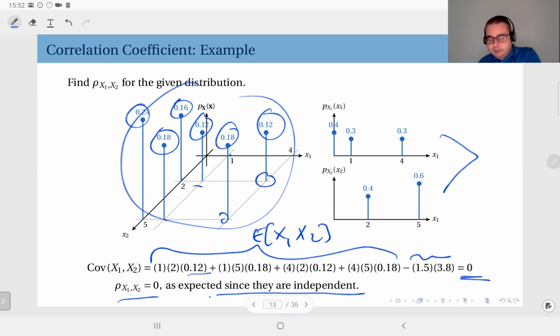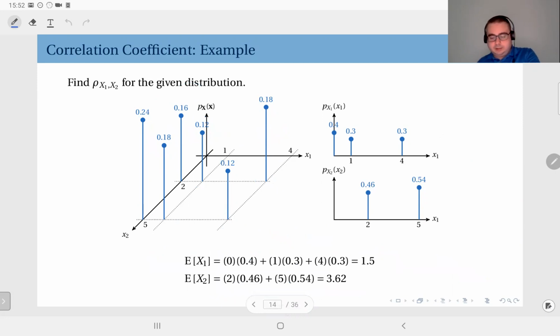No surprise. Let's change this distribution a little bit. Now I have just swapped these two probabilities here. That's the only thing I did. Now, what this leads to is dependent random variables here. X1 and X2 are no longer independent. So let's find the correlation coefficient.